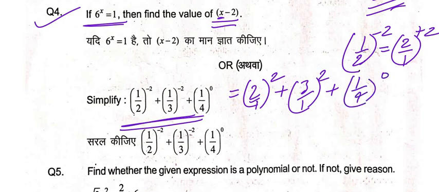You can leave it because we already know x to the power 0 is equal to 1. So 2 to the power 2 is 4, 3 to the power 2 is 9, plus 1 upon 4 whole to the power 0 is 1. So 4 plus 9 is 13, plus 1 is 14. See here, simply you have to take the reciprocals, negative power will become positive.